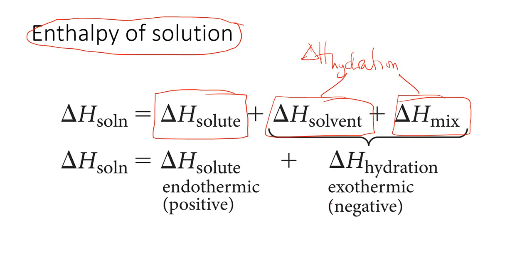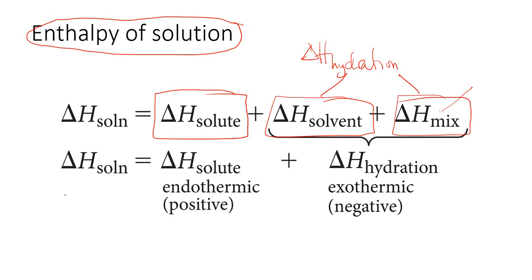So usually hydration will be exothermic, because the energy of mixing is usually bigger than the energy of the solvent. So hydration will be, most of the time, negative, but really it will depend.